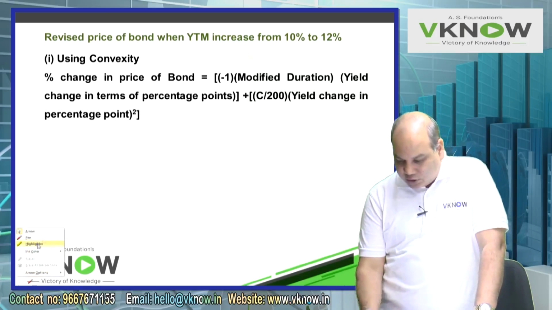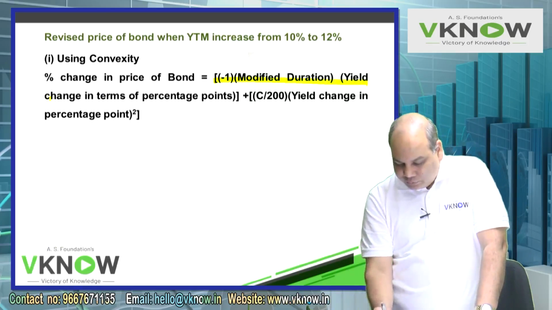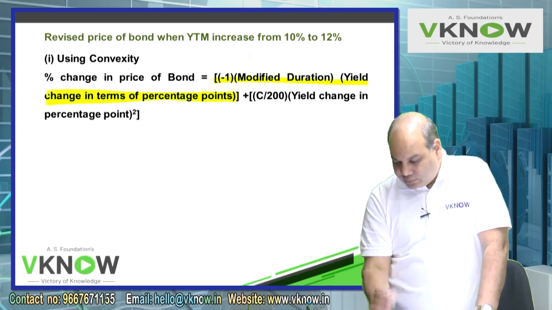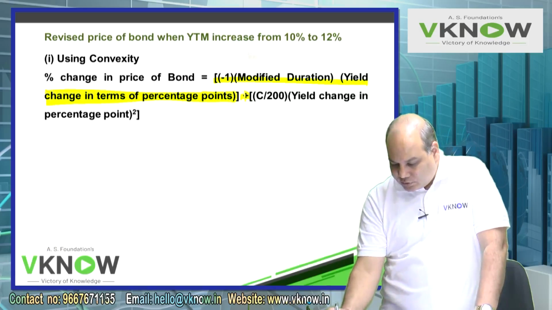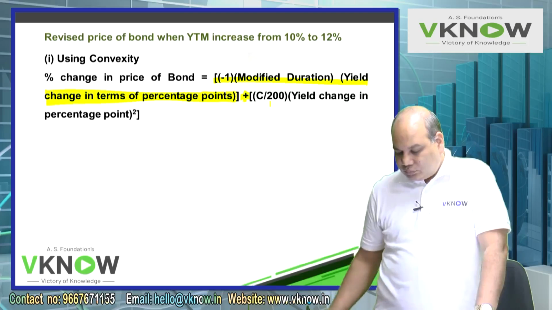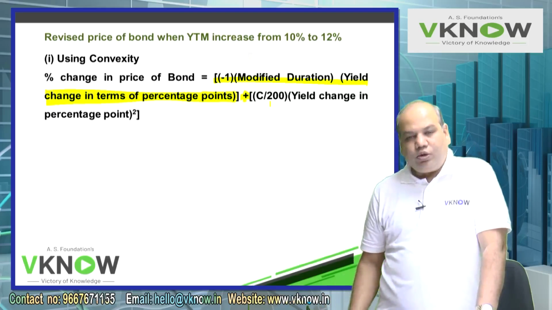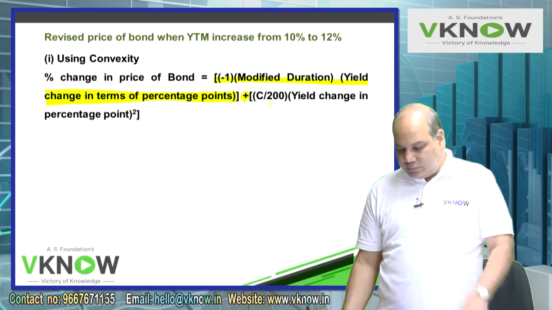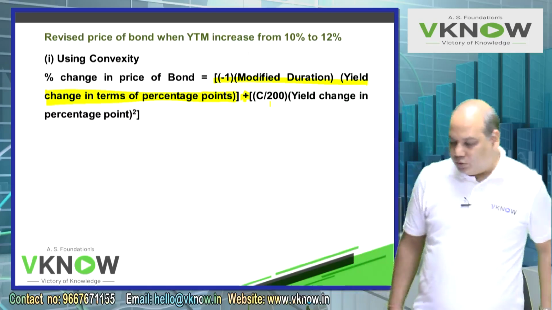So actually this calculation gives me the change in the price of the bond due to change in yield as per modified duration, and then we are doing some adjustment to that, plus C by 200 into yield change in percentage point square.